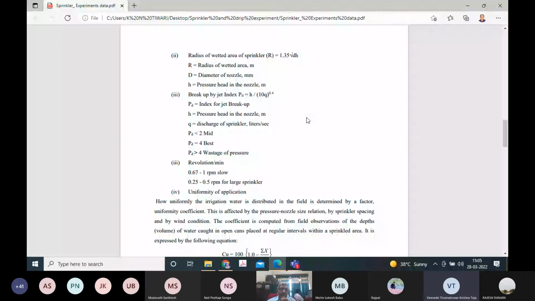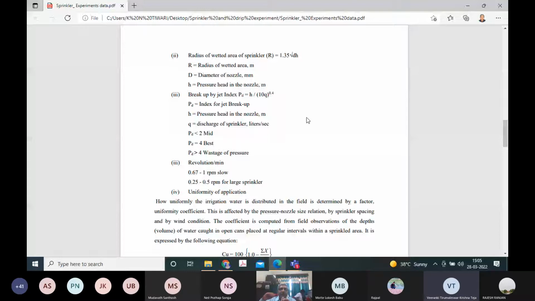If you find PD is greater than 4, it means the operating pressure is considerably high, which is not desired. So according to this index, one can say that the pressure being applied to operate the system is high, we are wasting energy.